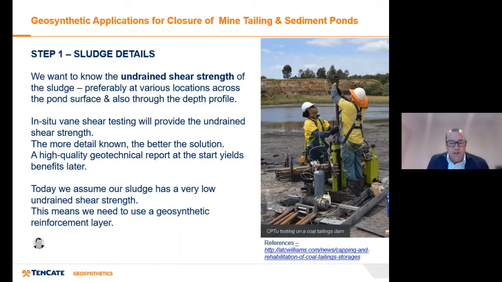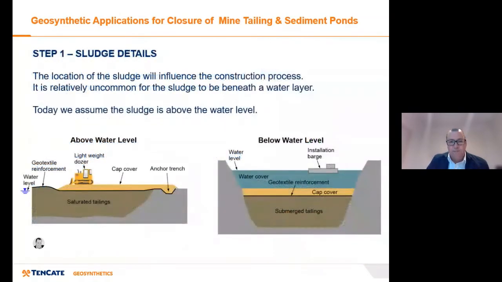A high quality geotech report at the start will give benefits later on. I think it's all well and good to have one result, but you'd want to know across the width and down the depth at a number of locations exactly what we're dealing with, because that'll yield what we're building on. So today we'll just assume we've got a very low undrained shear strength, therefore we need to use a reinforcement layer.